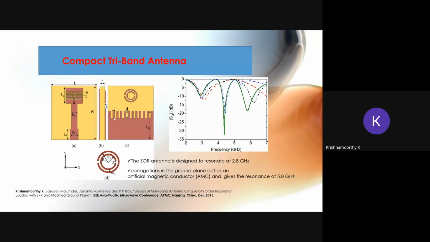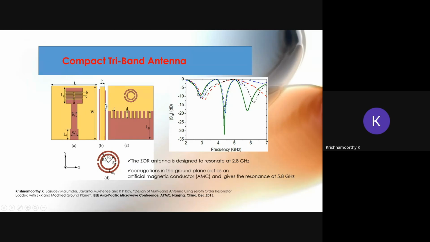The ground plane of the monopole is also loaded with this kind of slots, and this antenna is loaded in the back side with one split ring and in the front side with the meandering structure. Okay. So the loading of the meandering structure, this split ring, and the modified ground plane, this structure, is going to give the resonance frequencies.